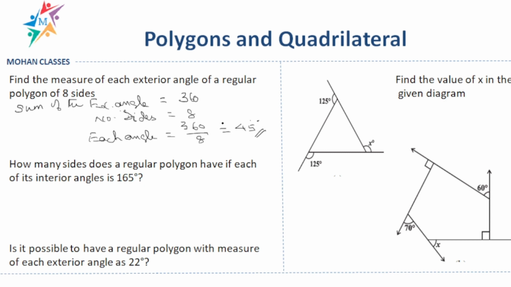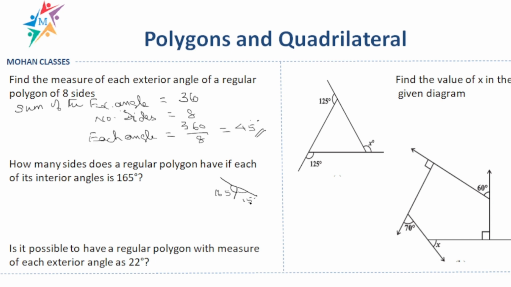How many sides does a regular polygon have if each of its interior angles is 165 degrees? Here we don't know the number of sides. The interior angle is 165, so what is the exterior angle? The exterior angle is 180 minus 165, which is 15 degrees.